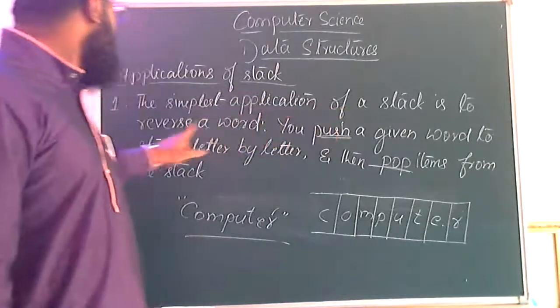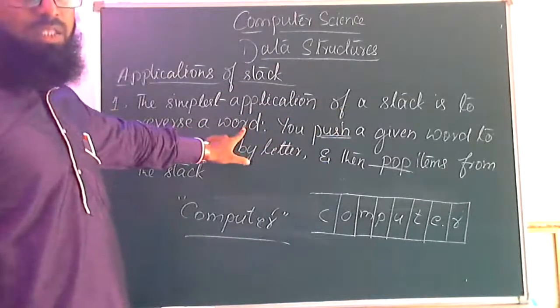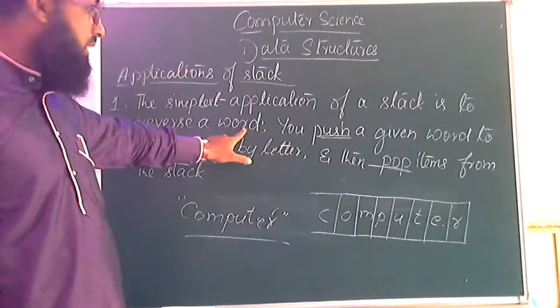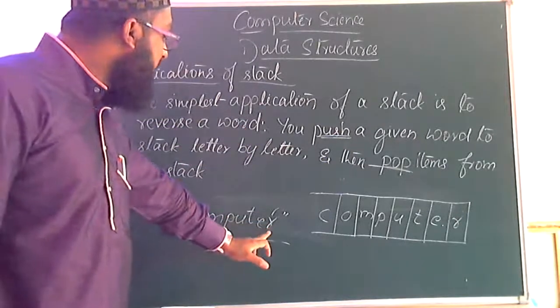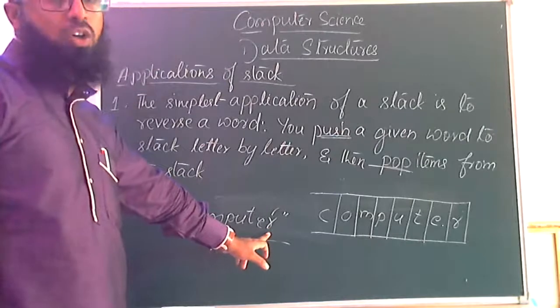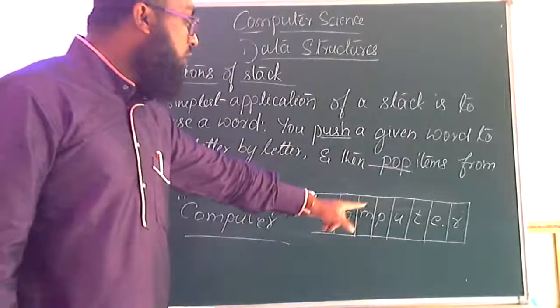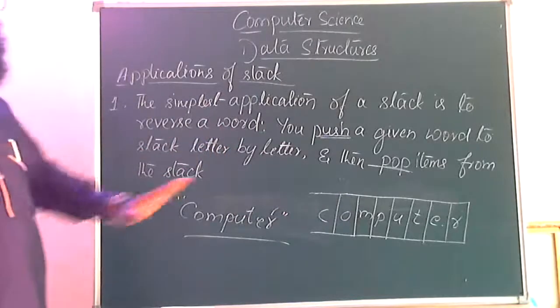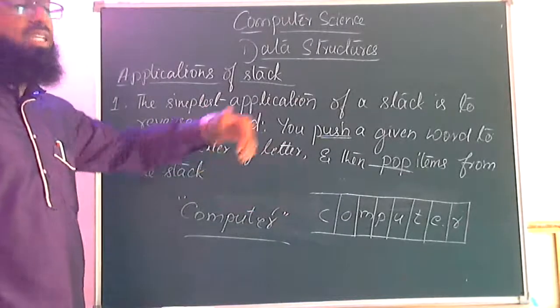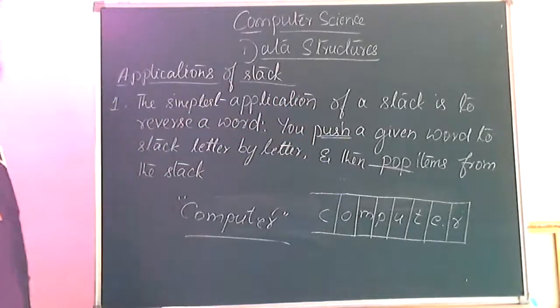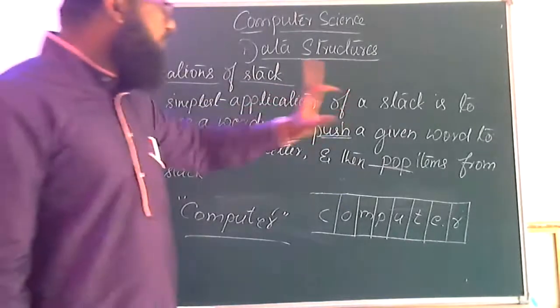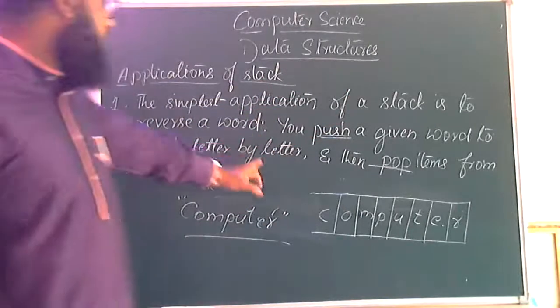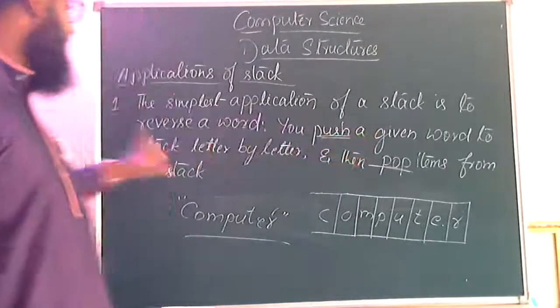Reversing a word means first we have entered it in reverse order, RETUPMOC. Like that we have pushed the word letter by letter into the stack, and then pop items from the stack.